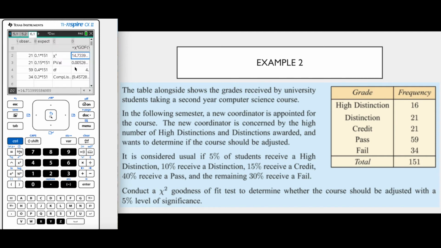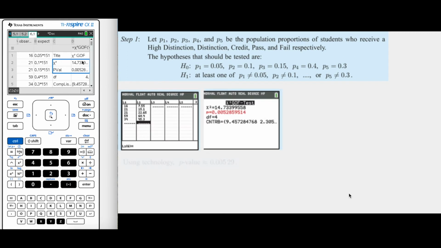Okay. And now we have the important information here: chi-squared calculated and our p-value. Again, since we are only given the level of significance here, we're going to compare that to our p-value, so we're not using the chi-squared calculated in this situation. So, with our technology, we get a p-value.